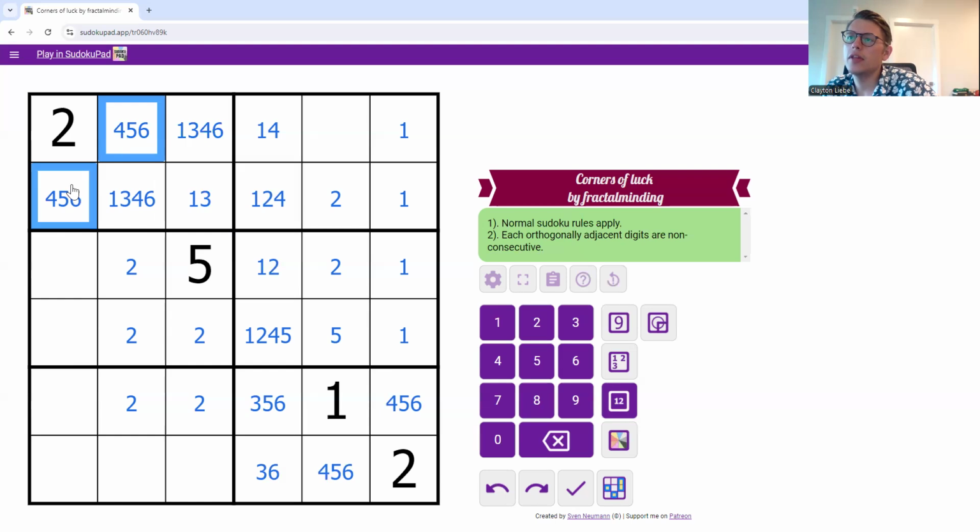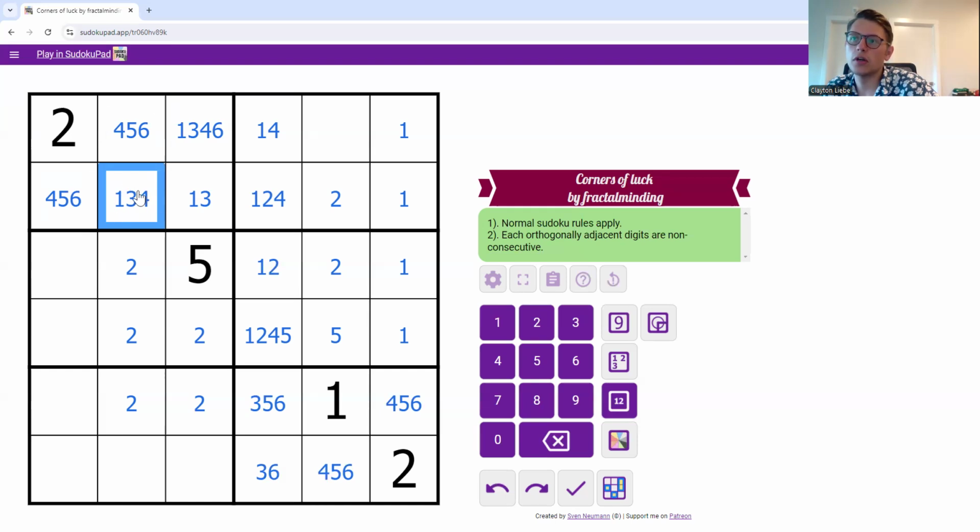Okay, so now we know that these 2 are both digits 4, 5, and 6. So is there a world where this is a 6? And I'm going to say that it can't be. Because if this is a 6, then these are 4 and 5. And there's always going to be a 5 touching the 6. And then I think we can do the same thing with 4, right?